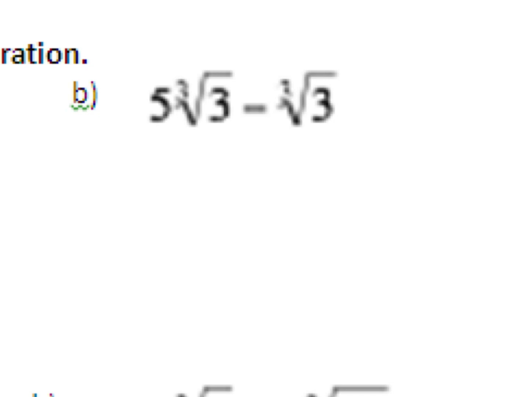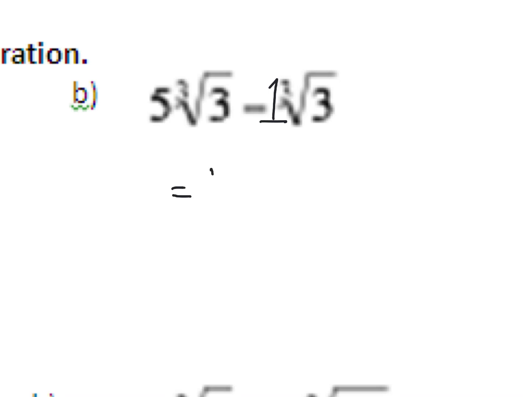So if I have 5 cube roots of 3 minus, I'll call this 1 cube root of 3 here. I know there's no 1 there, but you can put a 1 in front of anything. If I do 5 cube roots of 3 and I take away 1 cube root of 3, how many cube root of 3s are left over? 2. It hurts. Got me right in the shoulder blades, I'm not gonna lie.